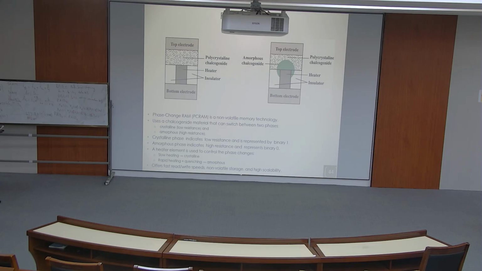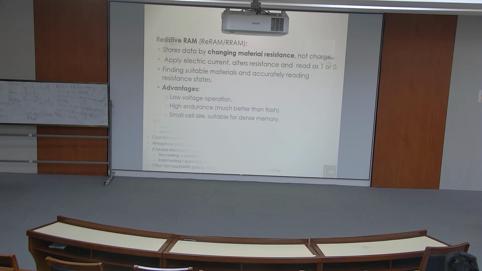Then we have a heater element, which is used to control the phase changes of this PC RAM, slow heating and rapid quenching. So this offers what we call read and write speed, which is not observed in non-volatile storage memory, with higher scalability. So this is the PC RAM that we are talking about.